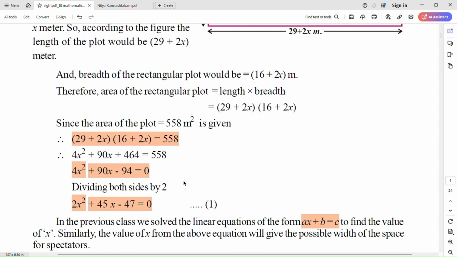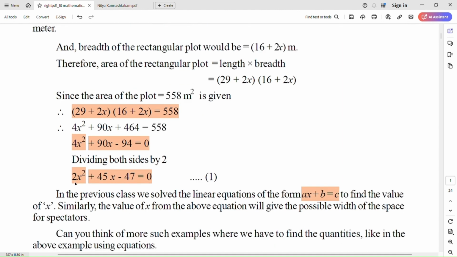Now we need to solve this equation. First thing we will do is expand the equation. What you will get is 4x square plus 90x plus 464 equal to 558. This is the equation, and finally this is the quadratic equation we get. What is the definition of a quadratic equation?